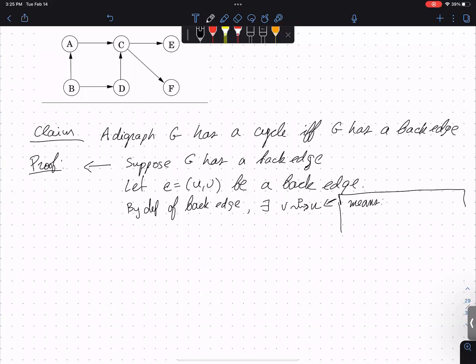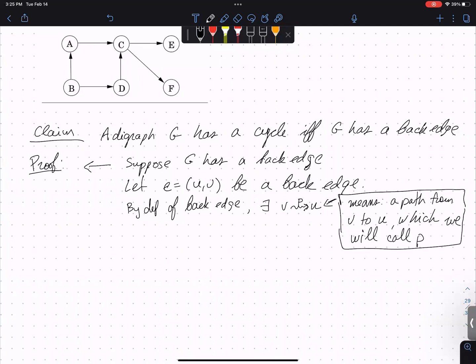So this means a path from V to U, which we will call P. Okay, so we've got a path.